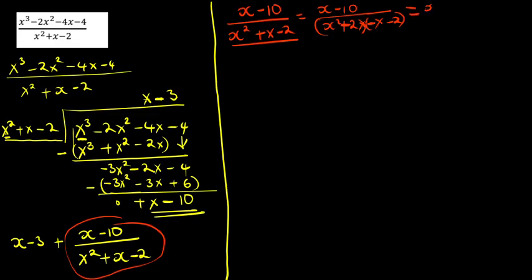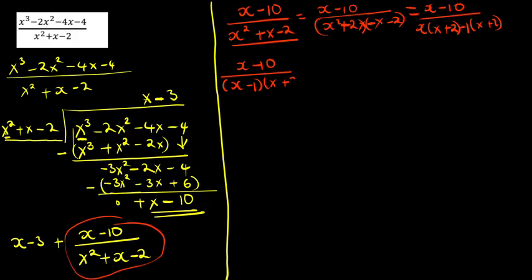So I'll have x minus 10 over x, then x plus 2, then negative 1, then x plus 2. Then I will have something like x minus 10 over x minus 1, then x plus 2.